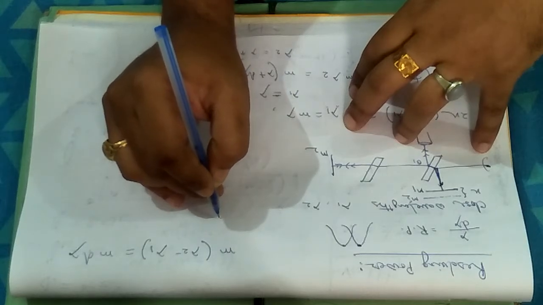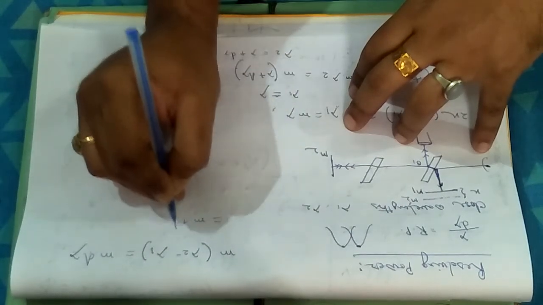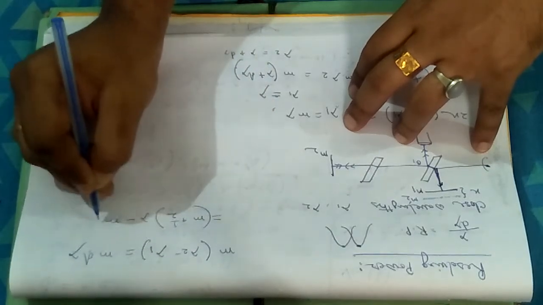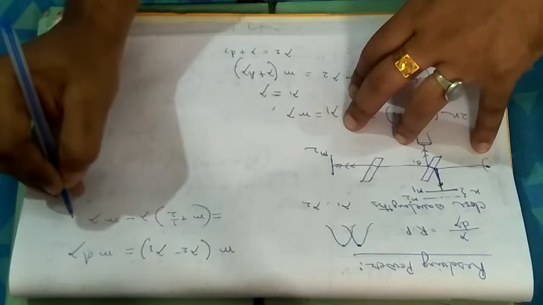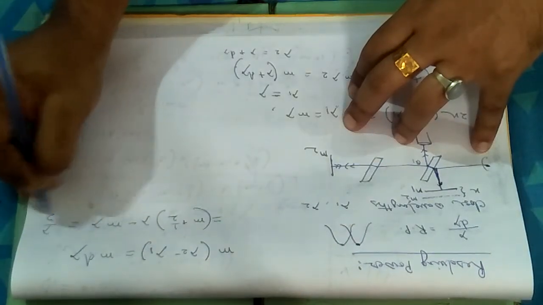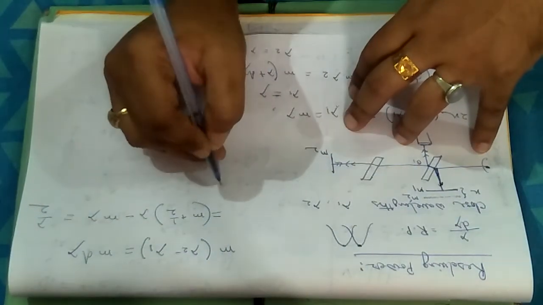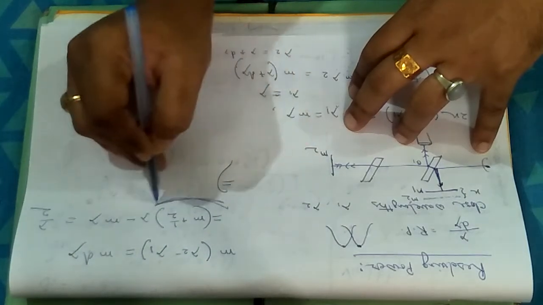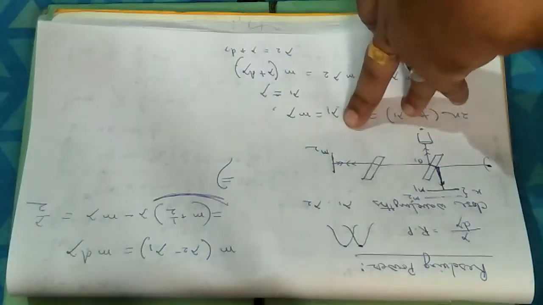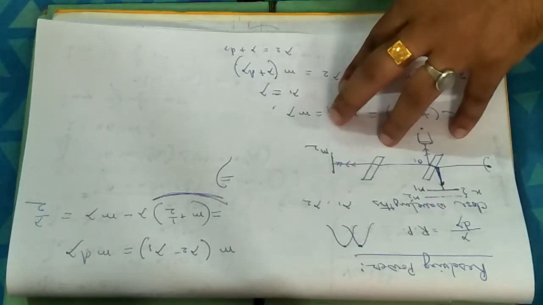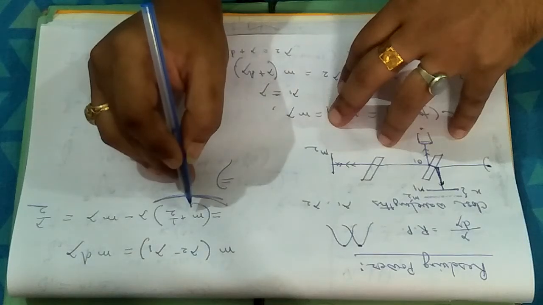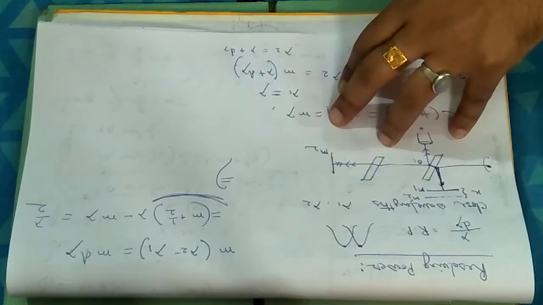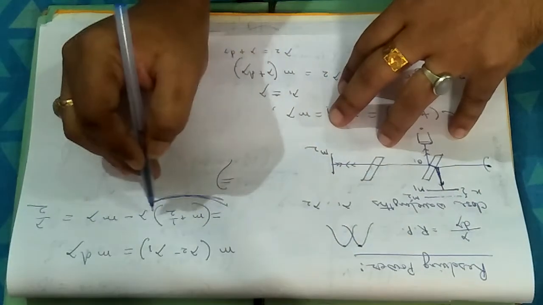Now this can be written as m plus half into lambda minus m lambda, that is lambda by 2. What I told already is that I should have one minima in between in order to distinguish between two maxima. So there should be at least a path difference of the order of lambda by 2.